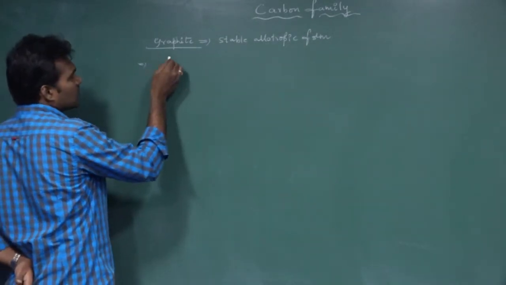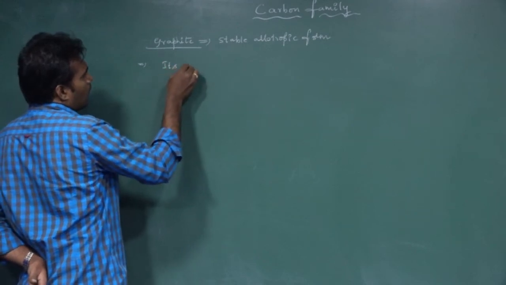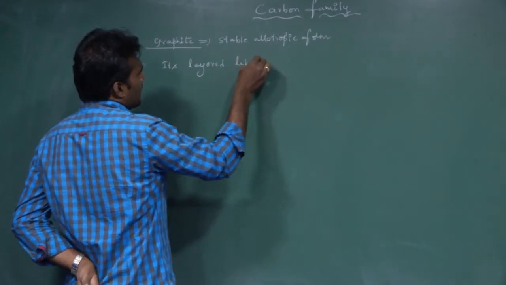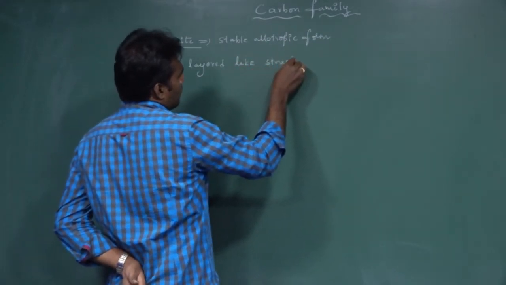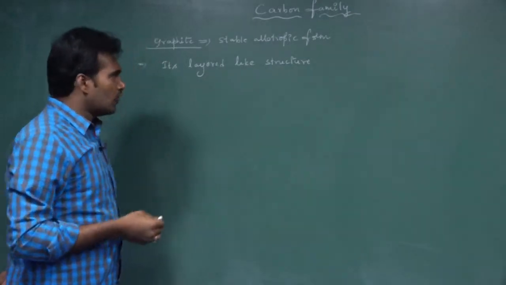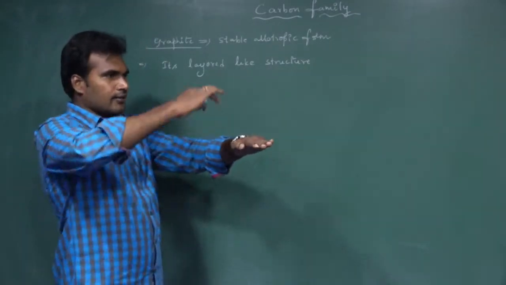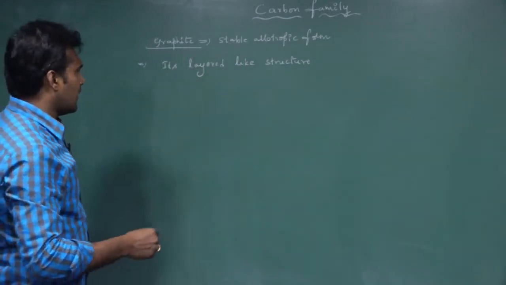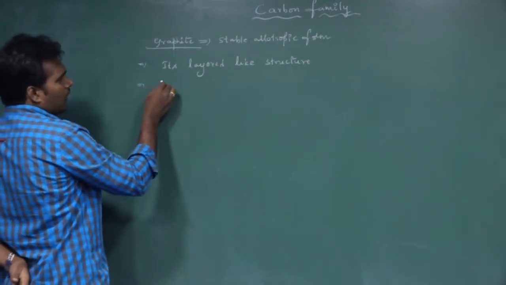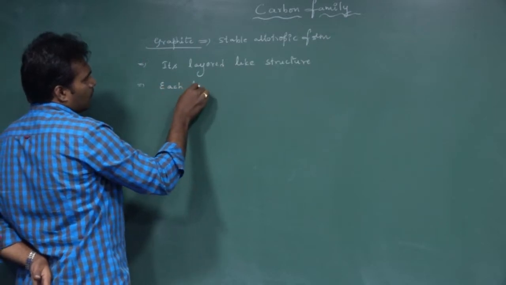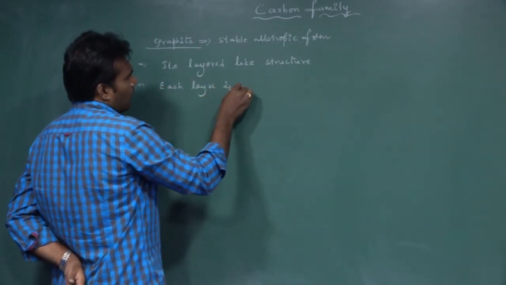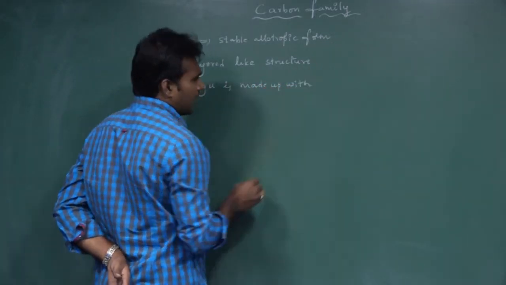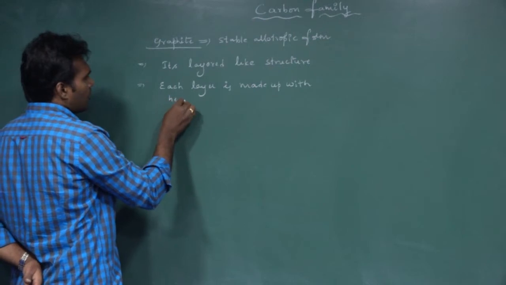Generally, graphite has a layered structure. Okay, like one layer, next second layer, third layer, fourth layer, likewise layer by layer it will exist. And one more thing, each layer is made up of hexagonal rings.